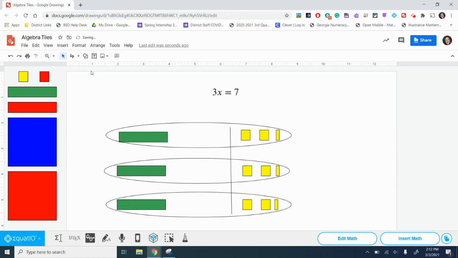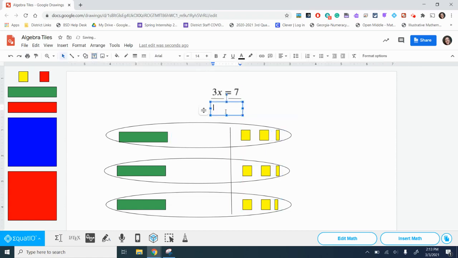So now let's notate what we've done up above here. So we started with 3x equals 7, and we've taken that and we've split the 3x equals 7 into 3 equal groups. Well, the mathematics for splitting into equal groups is division.